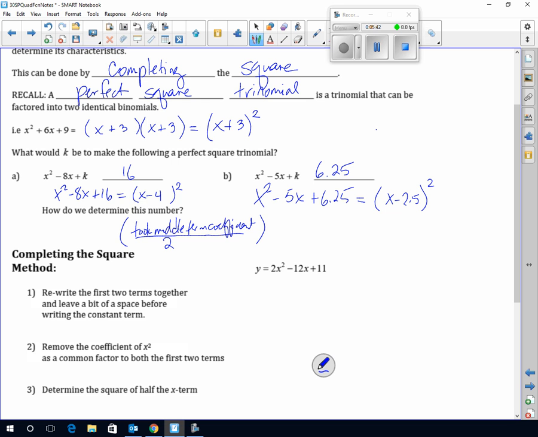If we take half of 6, we get 3, and we square it, we get the 9. Do you see how it works? Okay, so this is what's called completing the square. So what I wrote over here again was took the middle term coefficient, divided by 2, and then squared it.